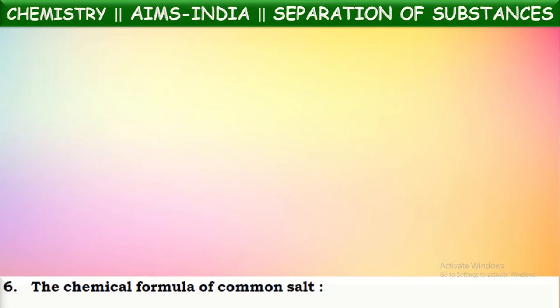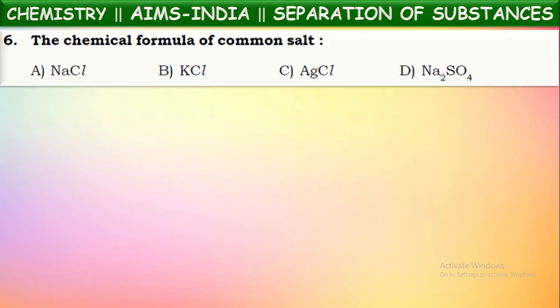Okay, next. The chemical formula of common salt. Common salt is actually a common name of a chemical substance called sodium chloride, because mostly we use it in our households for cooking. That is why it is commonly called common salt or table salt, and it is also called rock salt, because when it is obtained from seawater by the process called evaporation, it appears like rock pieces.